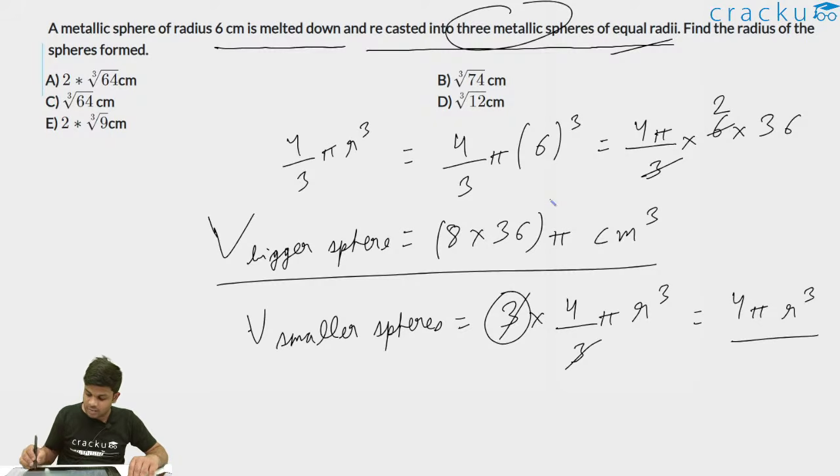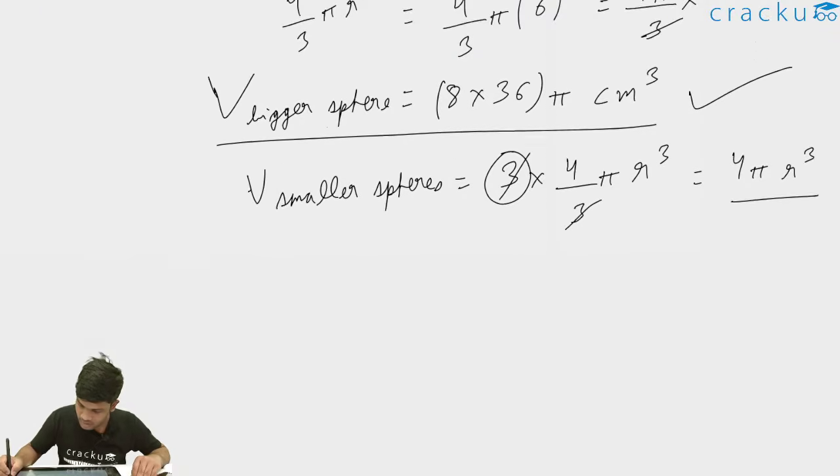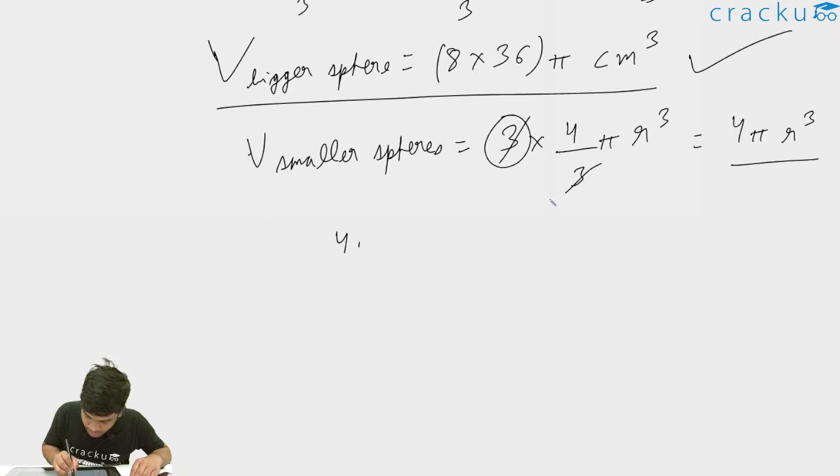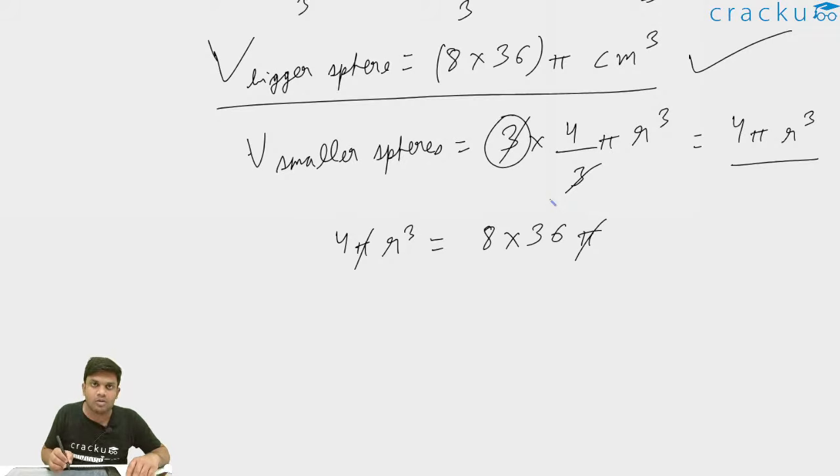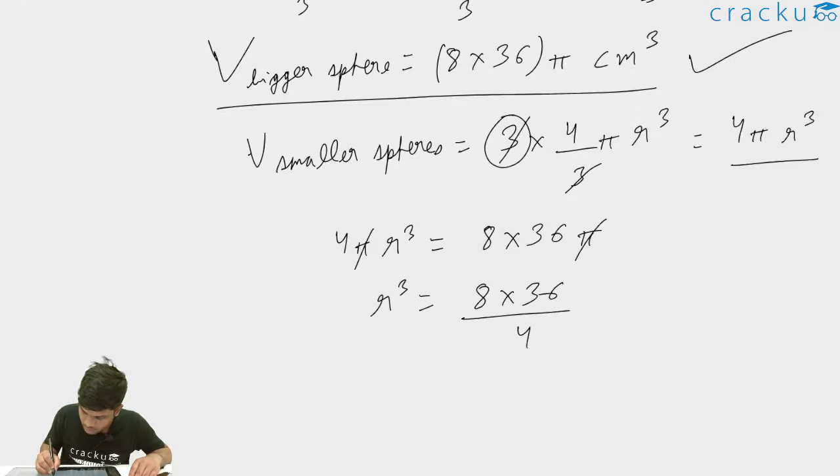Now these 3 smaller spheres are made up from the bigger sphere. So that means the volume of both will be the same. So we will get 4 pi r cube is equal to 8 into 36 pi. Pi will cancel out. So r cube will be 8 into 36 by 4, which will be 8 into 9.